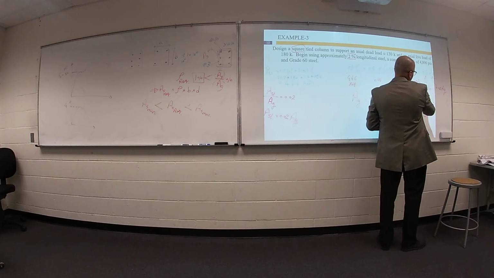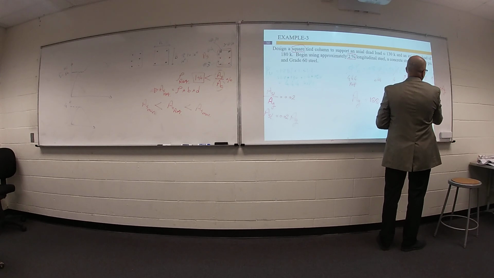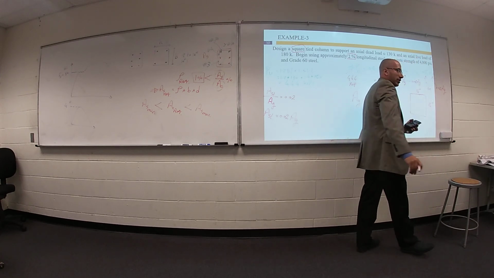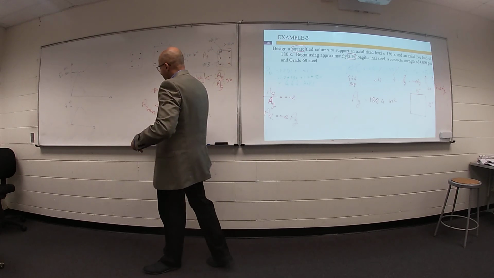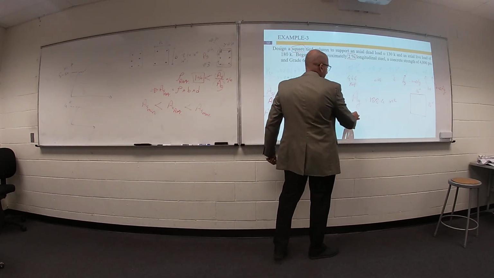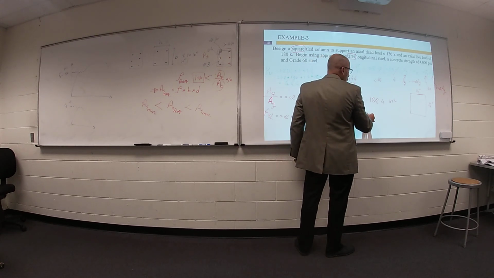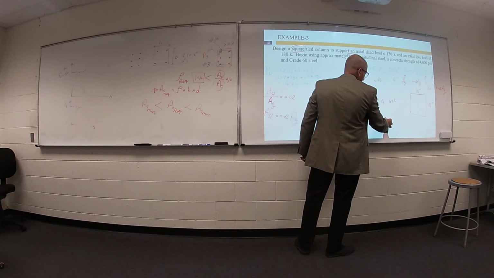So I think 14 inches by 14 inches will be good. Can you tell me the area steel? Your area steel will be 2% of this area, 14 times 14.